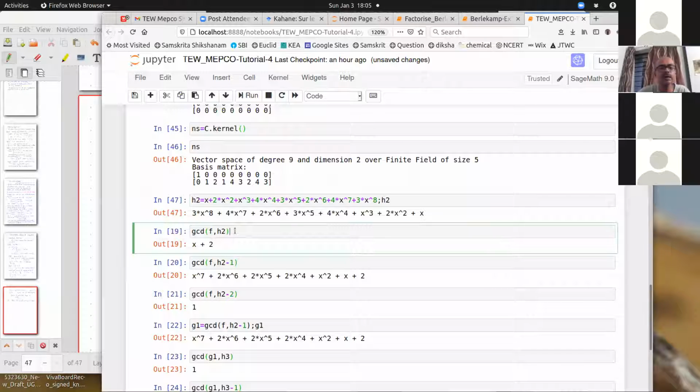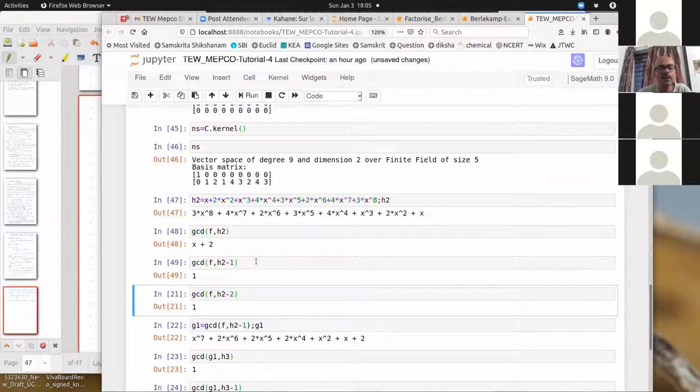So we have to look at the GCD. Oh, very surprising thing. It gives the same x plus 2.